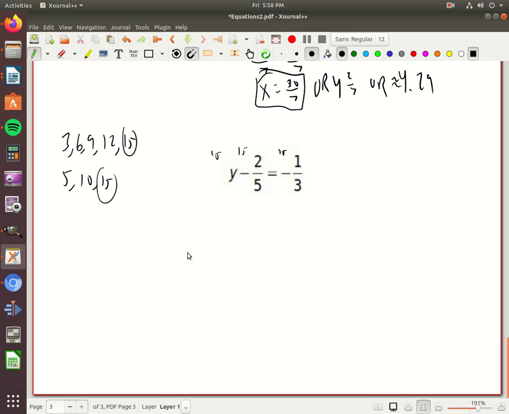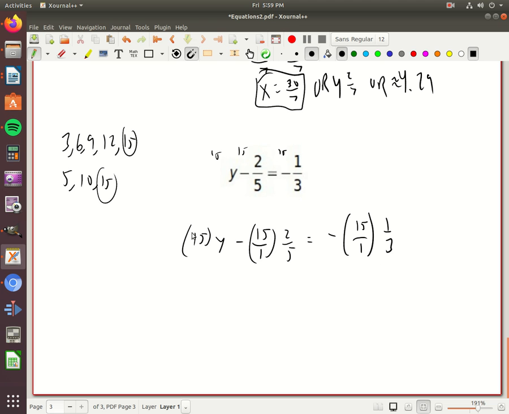And again, I'll rewrite that. So I have 15 times y minus 15 over 1 times 2 over 5 is equal to 15 over 1 times 1/3. And you'll notice I just put the negative out in front. You could have put the negative over here. It would have been fine.